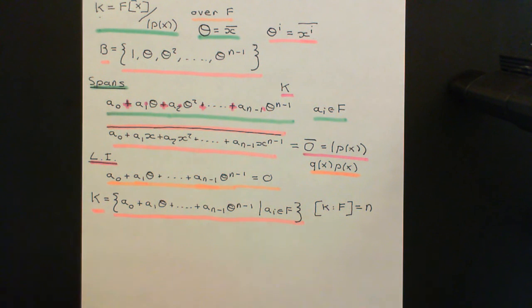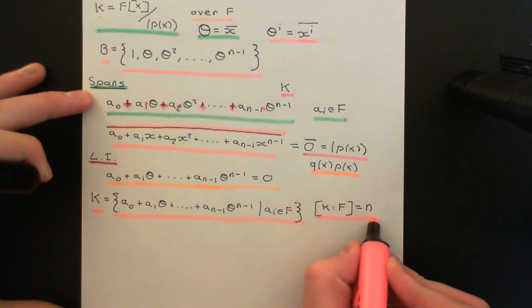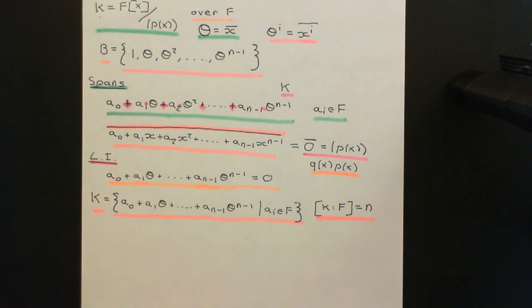Okay, so that's a really important fact, that when you construct a field extension in this way, by taking the ring of polynomials over a field and quotienting out by some irreducible polynomial, okay, you end up with a field extension that has degree n, okay, over the initial field, capital F.